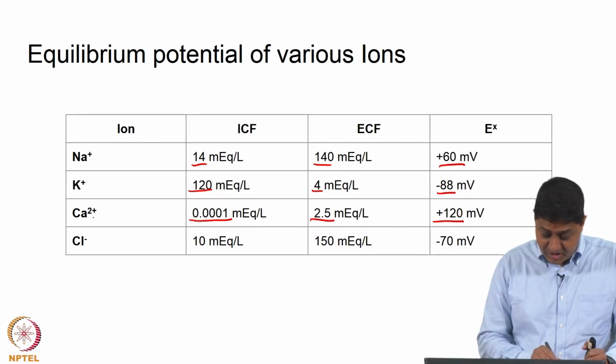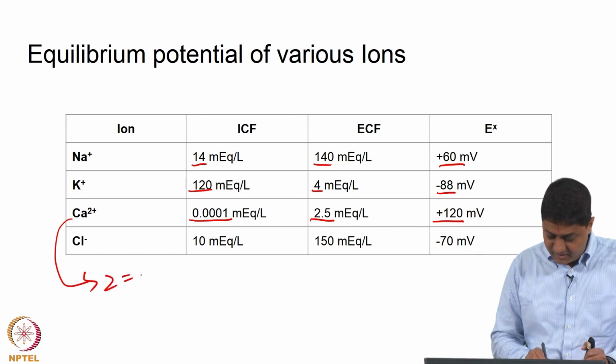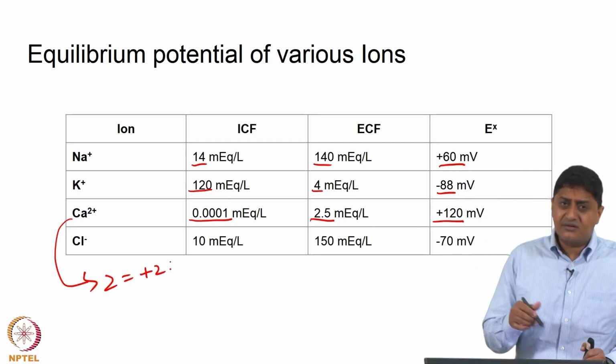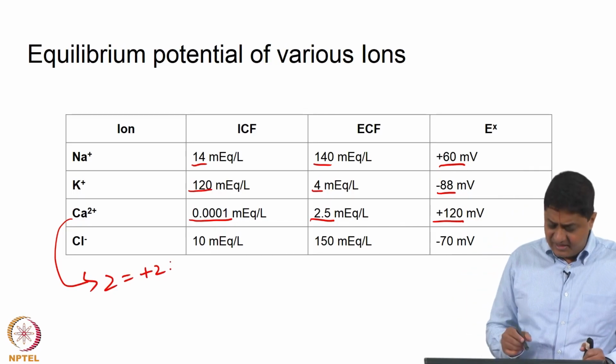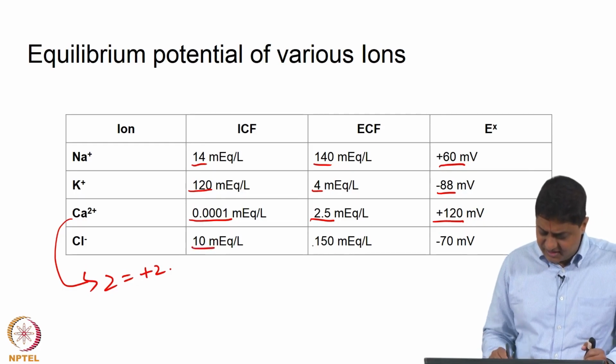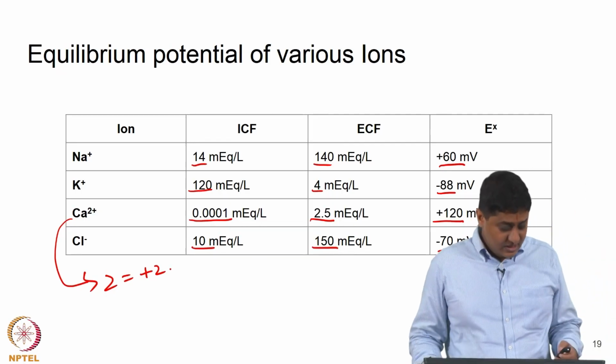So for calcium, Z is equal to plus 2, remember. Also note that in the exam problems the actual numbers may vary, so you will have to substitute appropriately. These are some examples that I am giving. So this is 10 and 150, so the equilibrium potential is minus 70 millivolts.